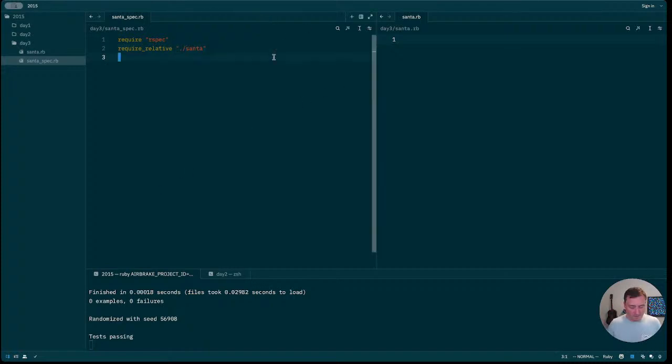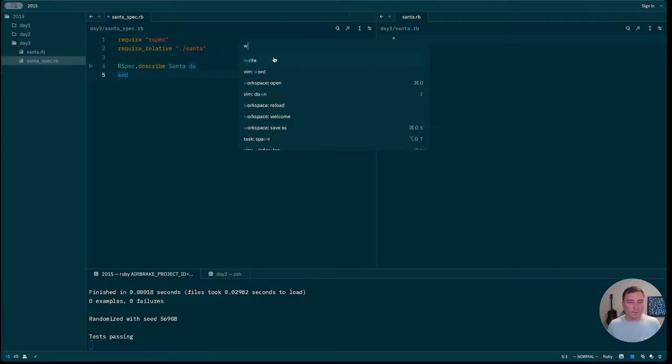And let's see. So we were saying we want an RSpec describe Santa, and describe unique houses delivered to.